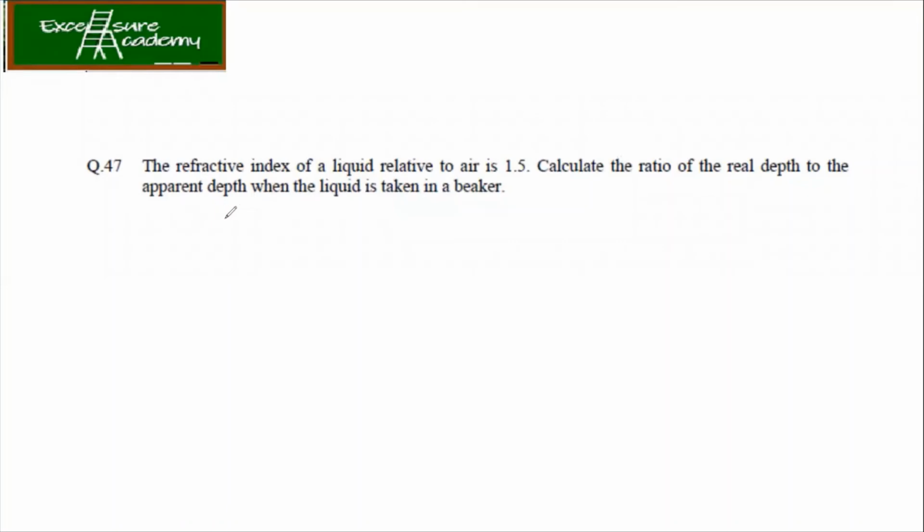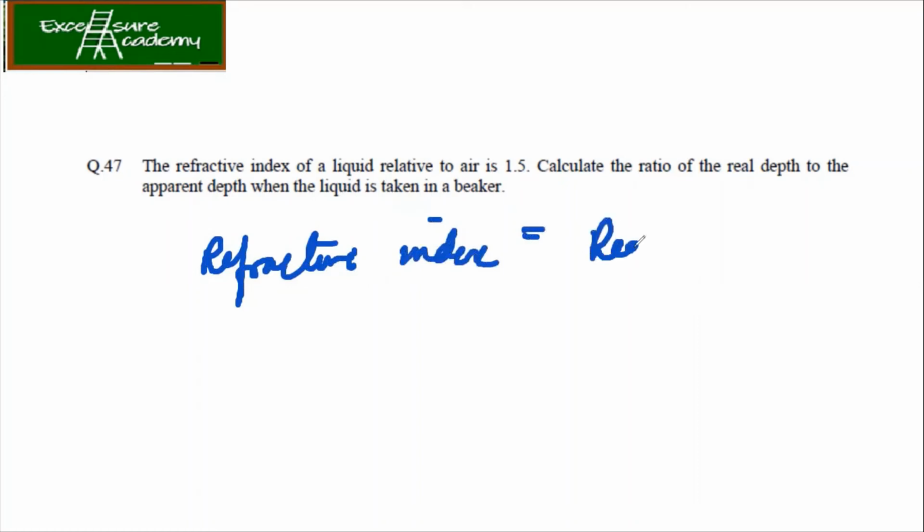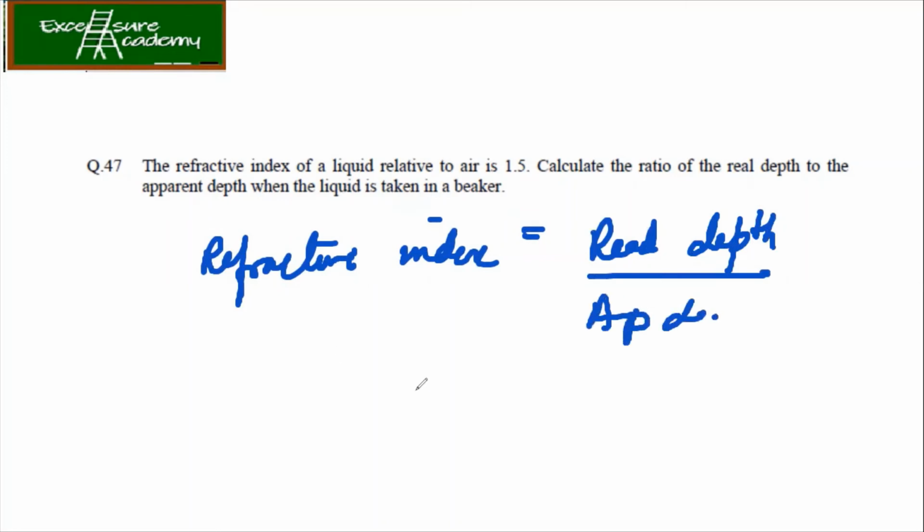Okay, so the refractive index is given as 1.5. And according to the refractive index formula, we know that refractive index is equal to the real depth by the apparent depth. So we know that it is 1.5, and the ratio of real depth to apparent depth is going to be 1.5 itself.